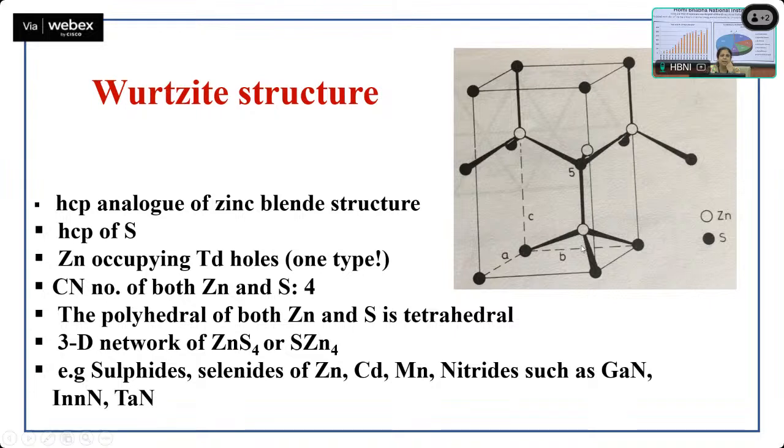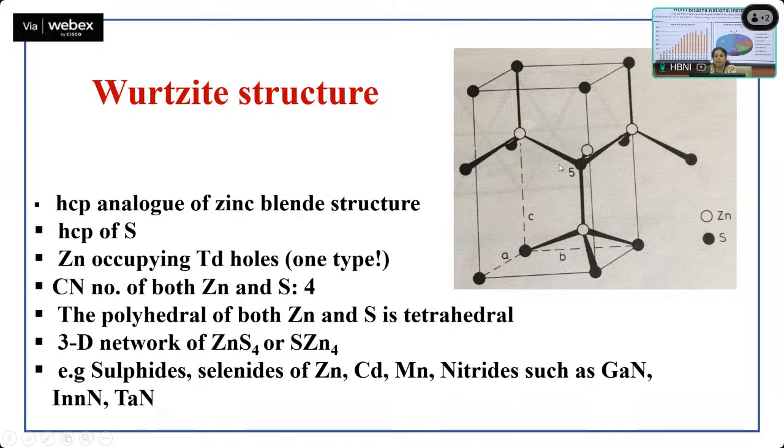by the cation. Also, if you remember, when I was telling you about the coordinates of tetrahedral holes, I told you that two tetrahedra point upward and two tetrahedra point downward. So when we say that alternate tetrahedra are occupied, only one type of tetrahedra would be occupied, either all tetrahedra pointing upward or all tetrahedra pointing downward.